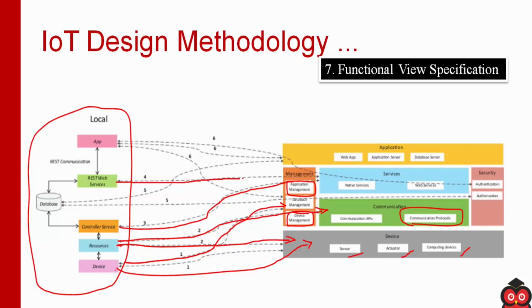Since it is a service, it is linked to services. Okay, sorry, I made a mistake. The controller service is actually linked to services, not application management. Sorry. So both this controller service as well as REST web services, they are services, so they are linked to services subgroup. So here we have the native service, which is the controller service, and we have web services, which are these REST web services.